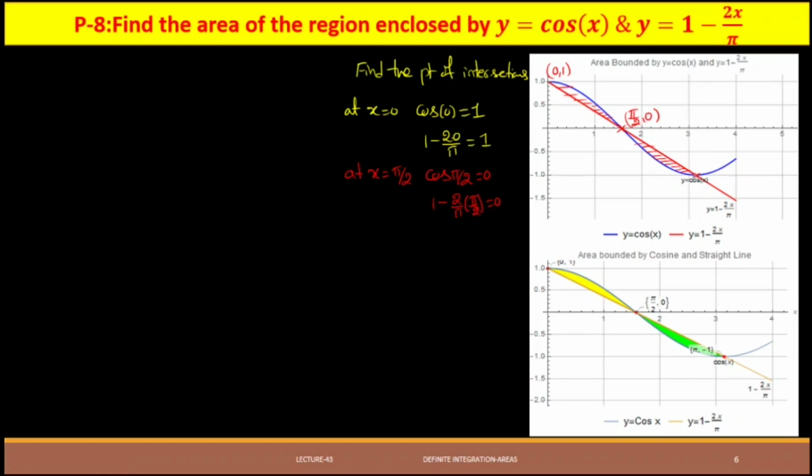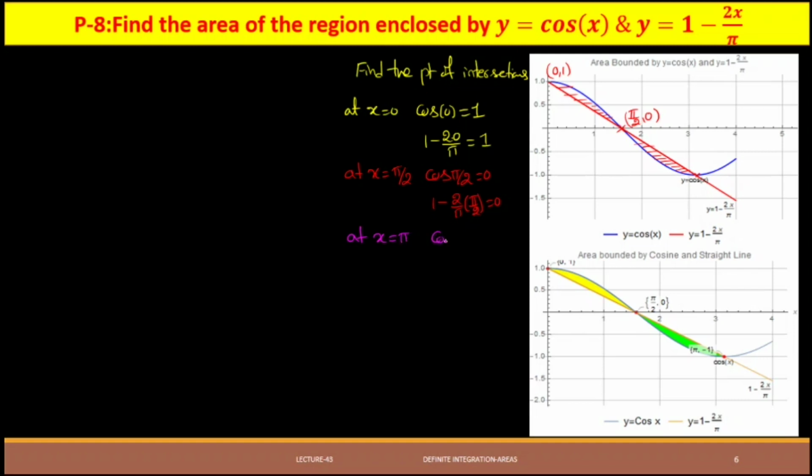And the line intersects the curve at one more place, namely here. This could be at x is equal to pi.